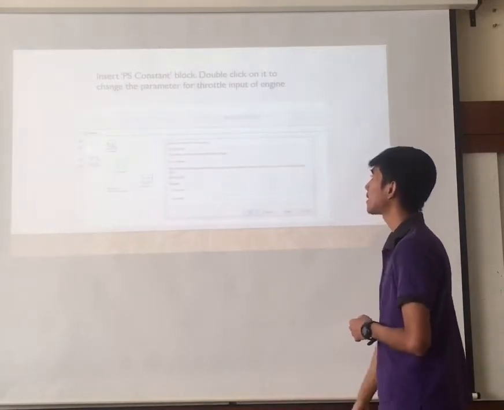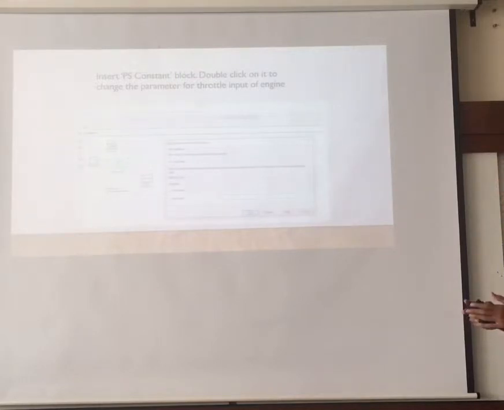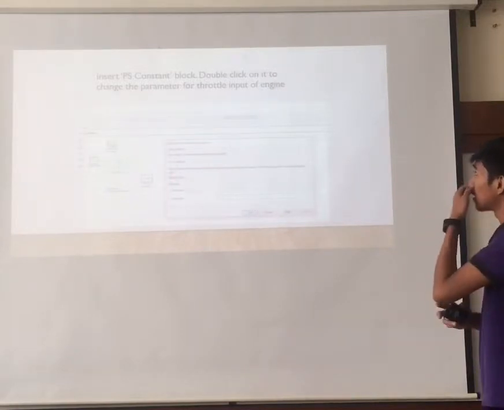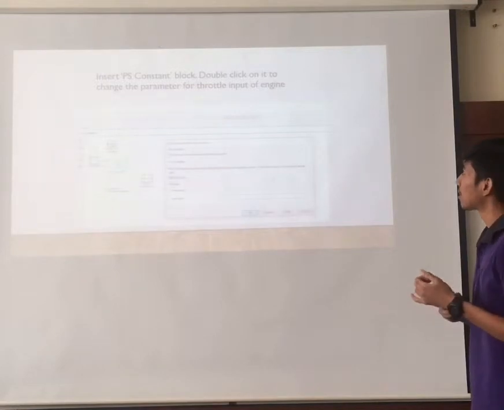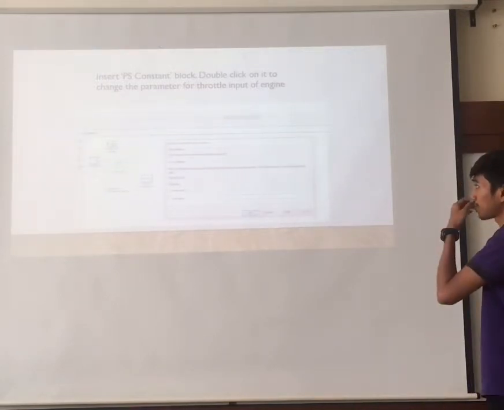Then insert PS, which is the physical signal constant block. Double click it to change the parameter for the throttle input of the engine.